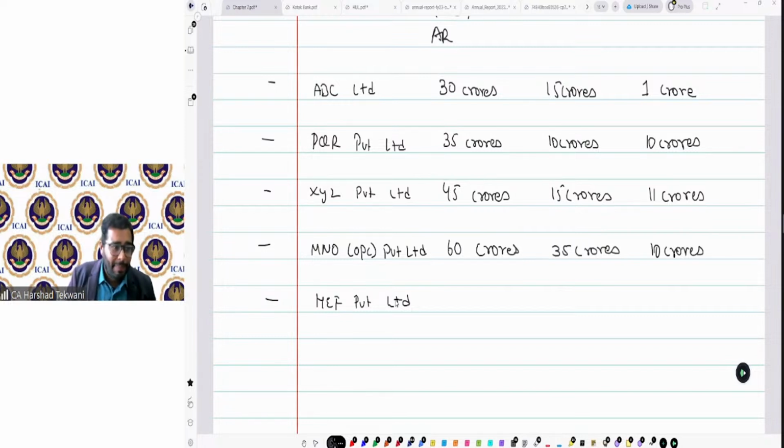We have HEF Private Limited. Okay. For which we have a turnover of, let's say, 48 crore. We have borrowings of, let's say, more than 30 crore. And we have a paid up share capital of 1 crore. Okay. So this is the arrangement basically.